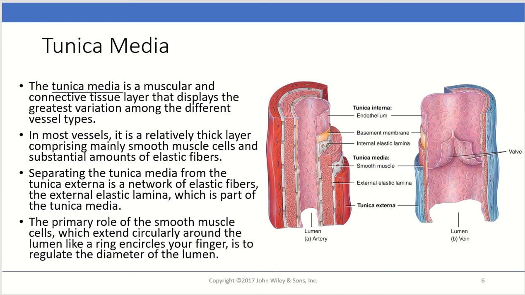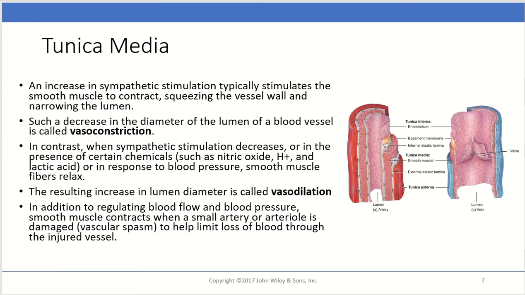The primary role of these smooth muscle cells is to extend circularly around the lumen, like a ring that's going to encircle your finger, and this is ultimately what's responsible for regulating the diameter of the lumen of these vessels.